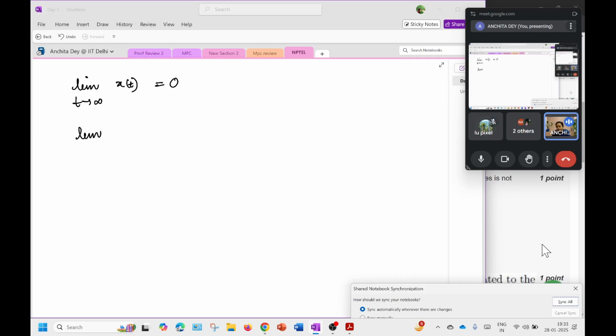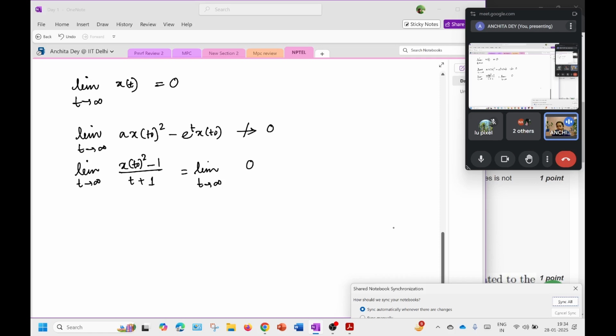The upper term: x(t0) is a constant, its square is a constant, minus 1 is a constant, so differentiating it gives 0. And for t plus 1, t becomes 1 plus 0. So this becomes equal to 0. So this is one of the correct answers.